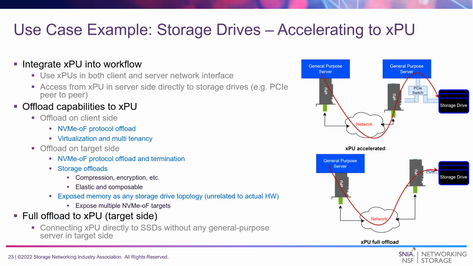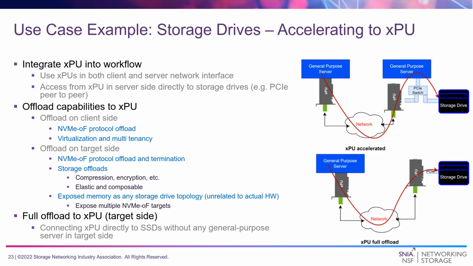And now we'll see how we can accelerate that flow into the xPU. So we'll place xPUs as the network interfaces in both client and server, on both the initiator side and on the server side. We can also connect the xPU on the server side directly to the storage drive using PCI peer-to-peer.